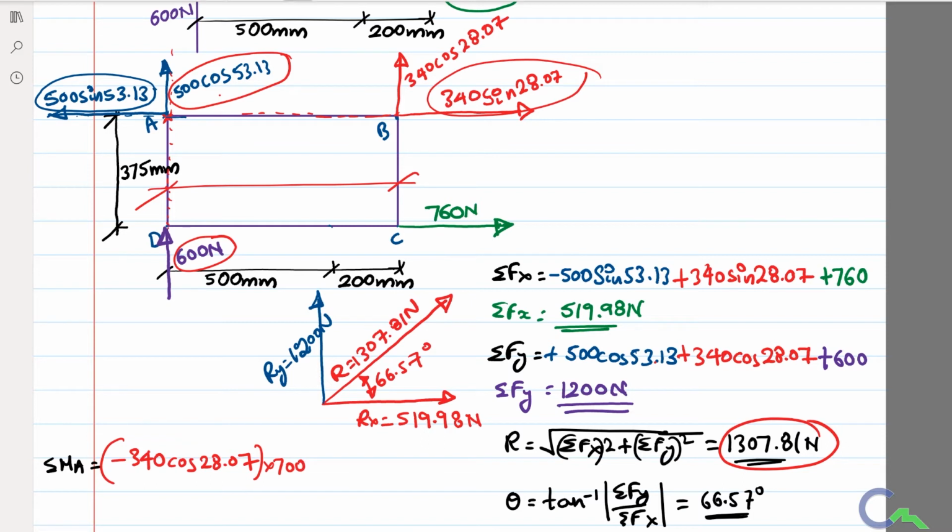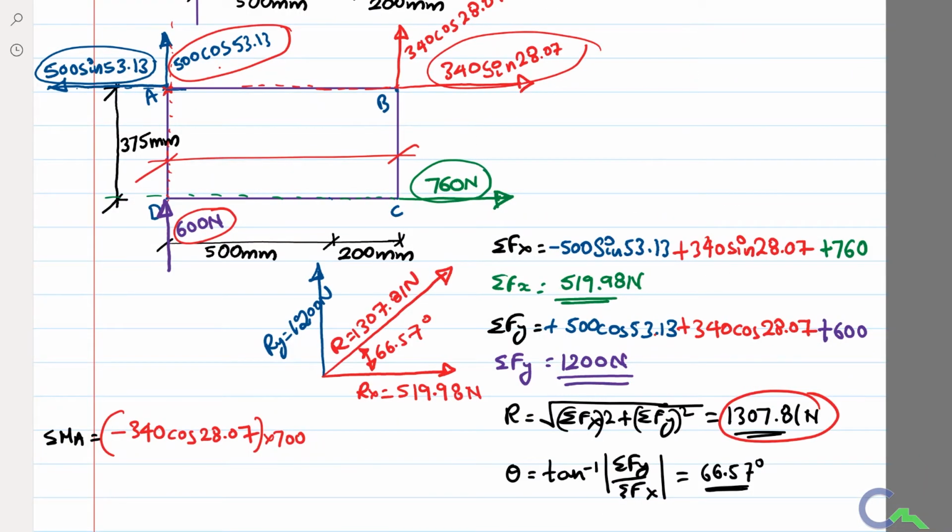The last force, that is 760 Newton, if I shift that force, if I draw the line of action of force, it is not going to pass through A, therefore it is going to rotate point A. So just for imagination, by using principle of transmissibility, I will shift that force here. If I apply that force, it is going to rotate in anti-clockwise direction. So I have to take this as minus, that is negative.